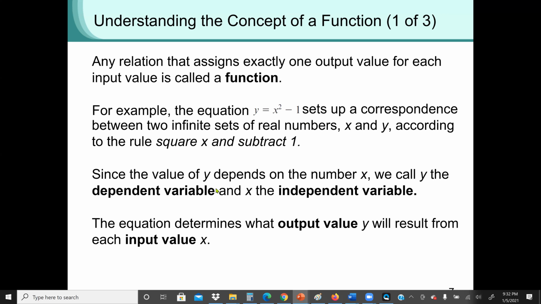Now, since the value of y depends on the number x, we call y the dependent variable, and x is the independent variable. So the domain is also called the independent variable, and the range is the dependent variable. The equation determines what output value y will result from each input value x. So x will always determine the answer for y.